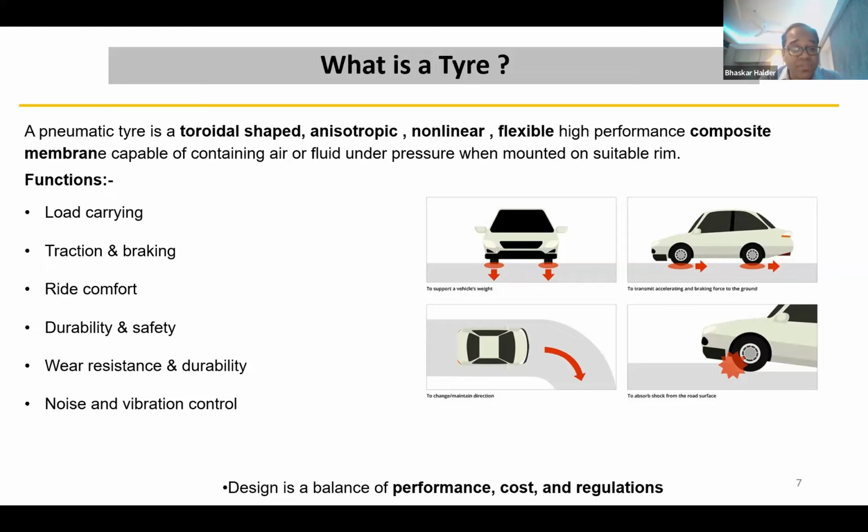For noise and vibration, nowadays this is a major improvement area being worked on by the tire industries. One is noise and another is vibration. These are the basic functions of a tire, and as a designer we have to meet these functions so that customers can happily run the tires.